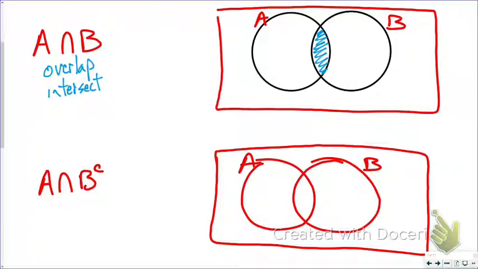So one way to approach this, if you're confused, some people just see it and they know the answer. But one way to approach it is to shade all of A. So I'm going to shade all of A. If you're using a pencil, shade very lightly. And shade all of not B. So on the second one, I don't want to shade B, but I want to shade everything else.